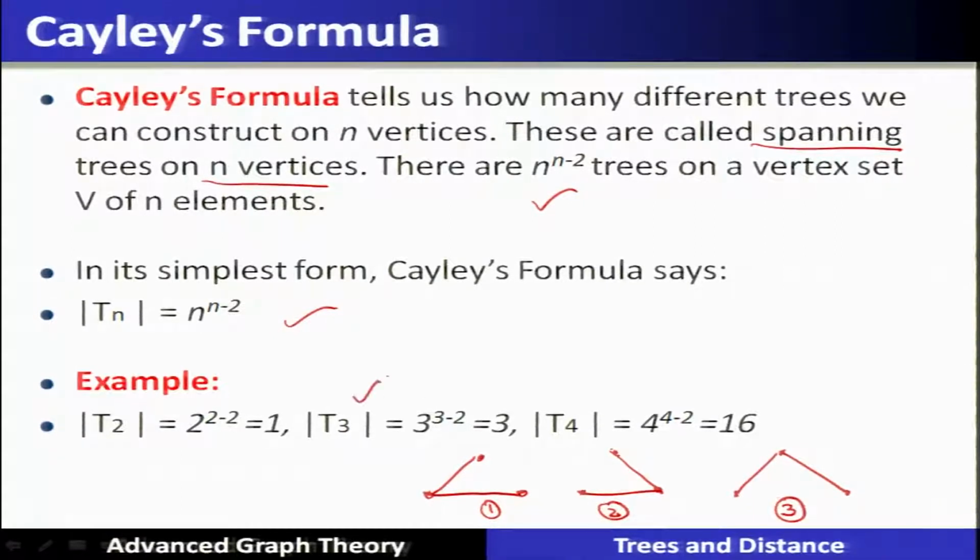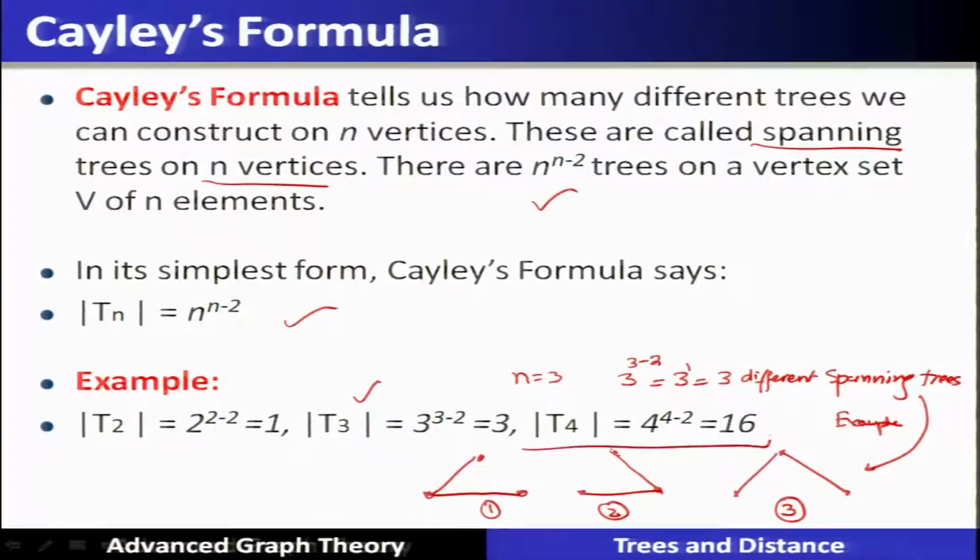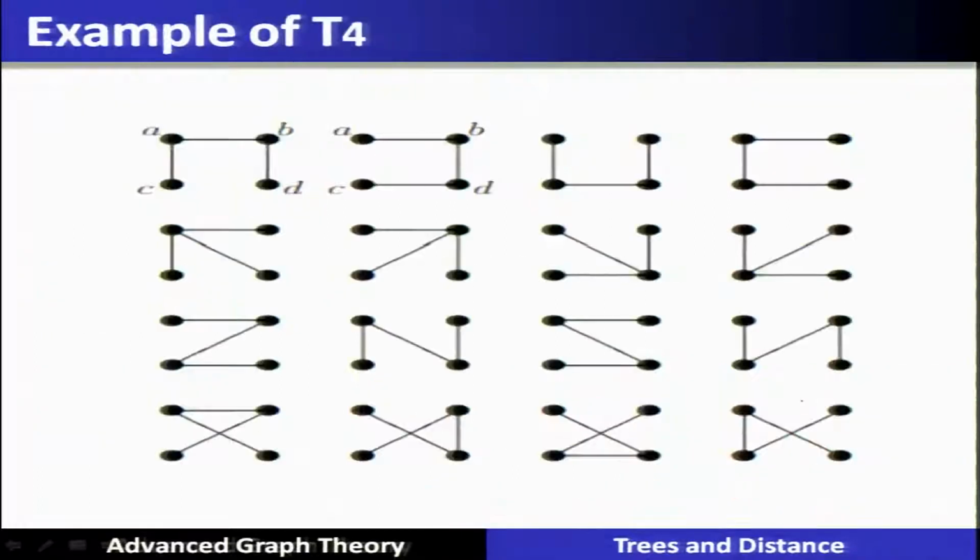So by Cayley's formula, if we say n is equal to 3, then 3 raised to power 3 minus 2, that becomes 3 raised to power 1, that is 3 different trees. And this is an example which has illustrated. Now when you have 4 different vertices given, then there are 16 possible trees according to Cayley's formula. We can see all these 16 different possibilities.